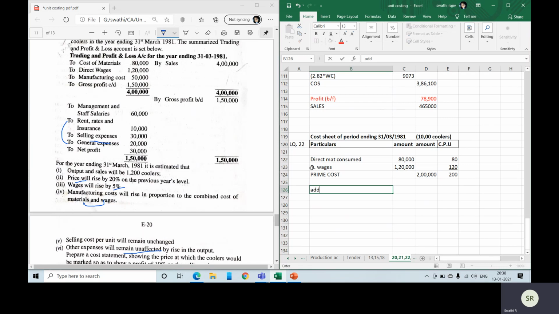Along with this I add my factory expenses. My factory expenditure, as I can see, is just manufacturing cost, 50,000 alone. All these are my office and selling related expenditure. It is only 50,000, so I'm taking it directly. So this will ultimately give me my factory cost or works cost.